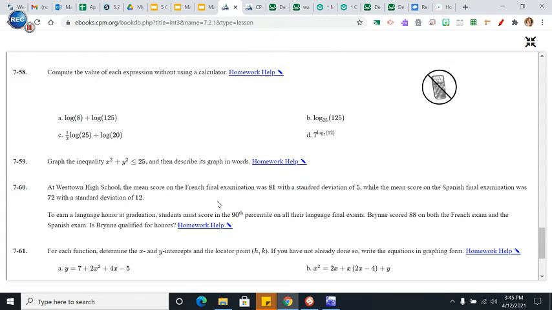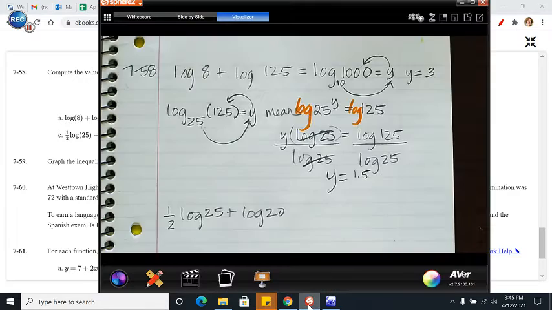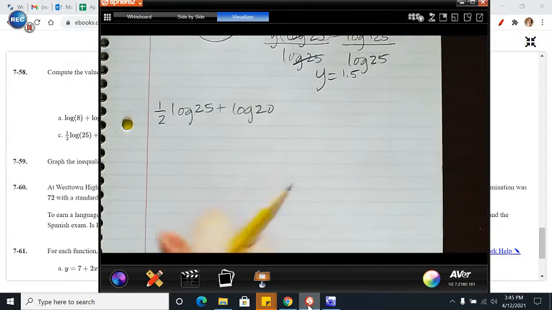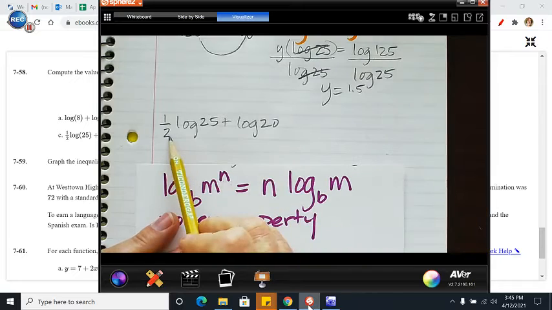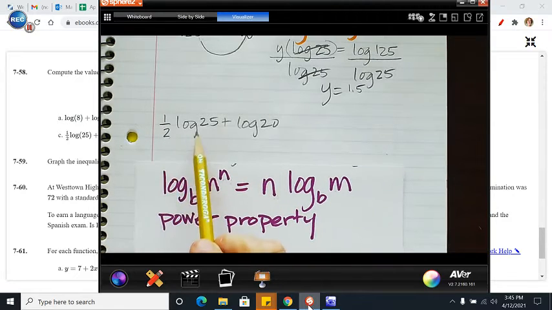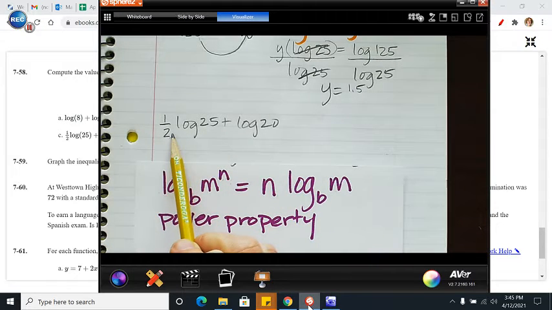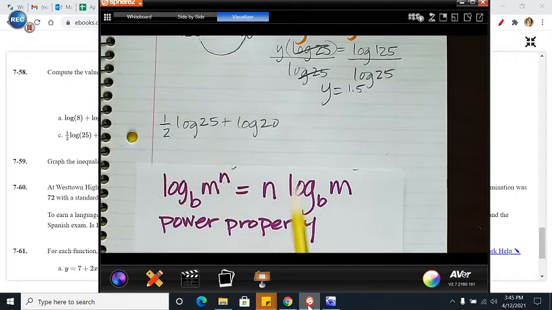Part C, we had 1/2 log 25 plus log 20. Okay, I'm going to use the power property in reverse here, because 25 to the 1/2 power, that's just the square root of 25, which is 5.